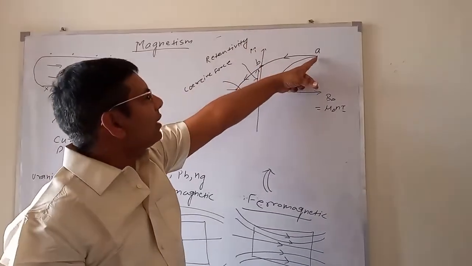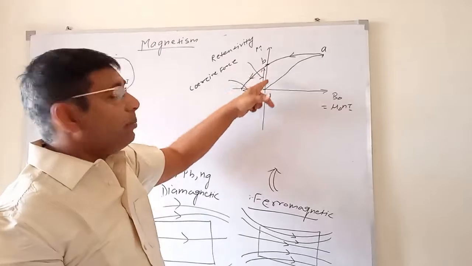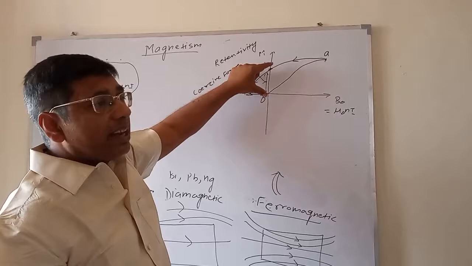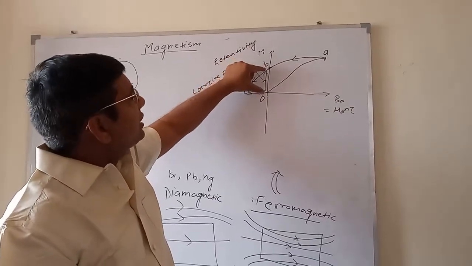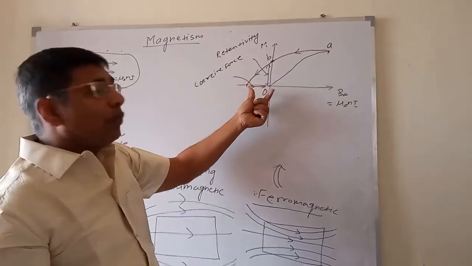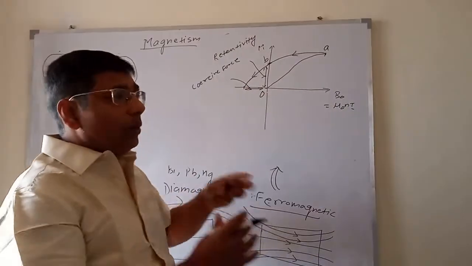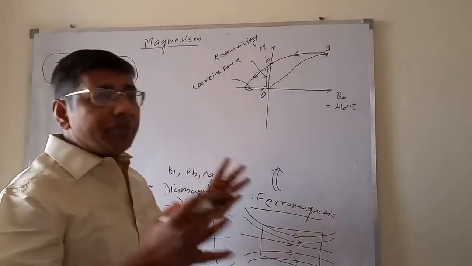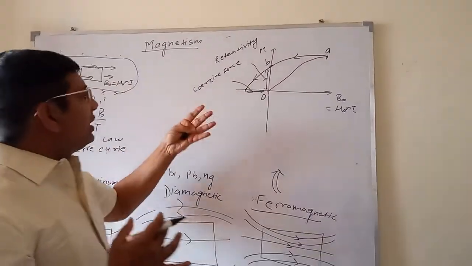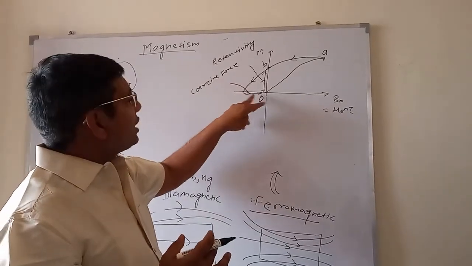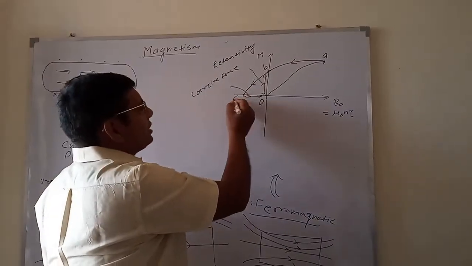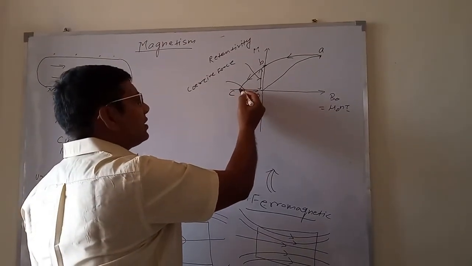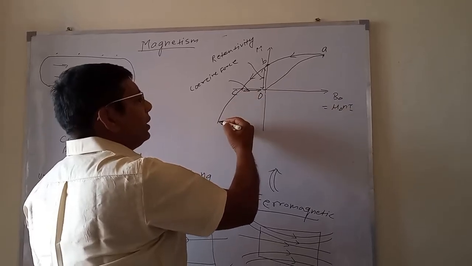You have magnetized it, and you have made the current zero, but still the material is magnetized, so it is retaining it. So OB is retentivity. Now if you want to demagnetize it, you have to force it, right? You have to give the coercive force, so it is called coercive. We are forcing it to make it zero, so we call OC the coercive force.